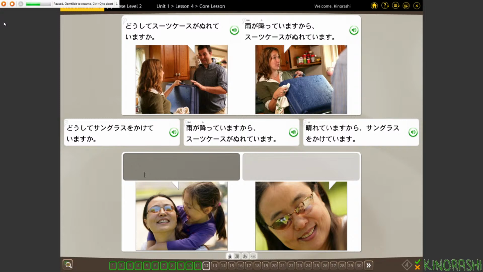Doshite sunglasses o kakete imasu ka? Denwa o kakete.